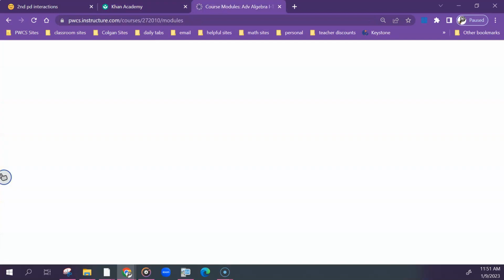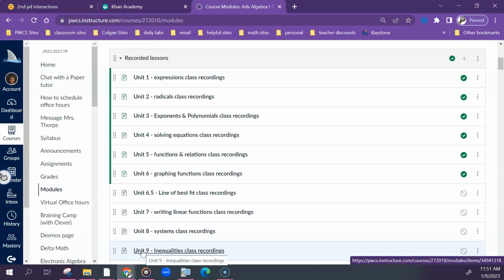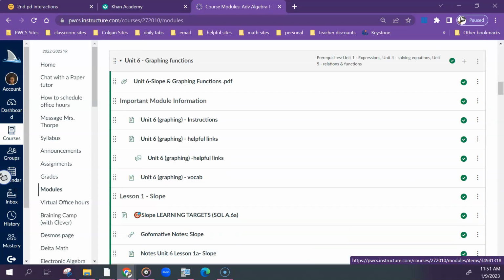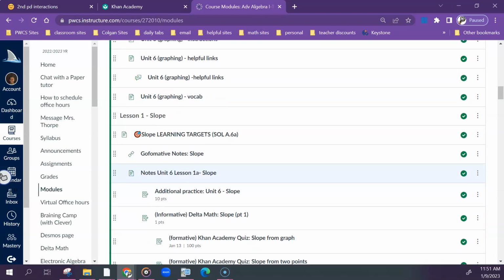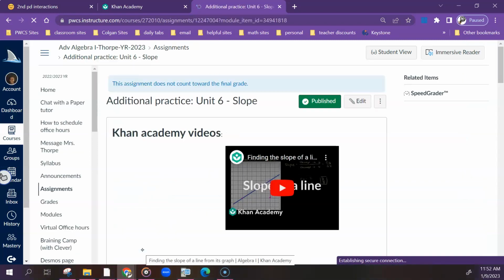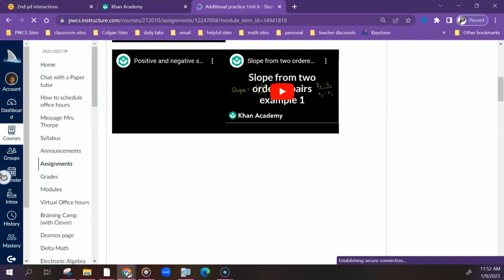Then, on Canvas, after you finish those 2, find the Unit 6 module, the Unit 6 graphing functions. Look for the additional practice, Unit 6. And then scroll towards the bottom.